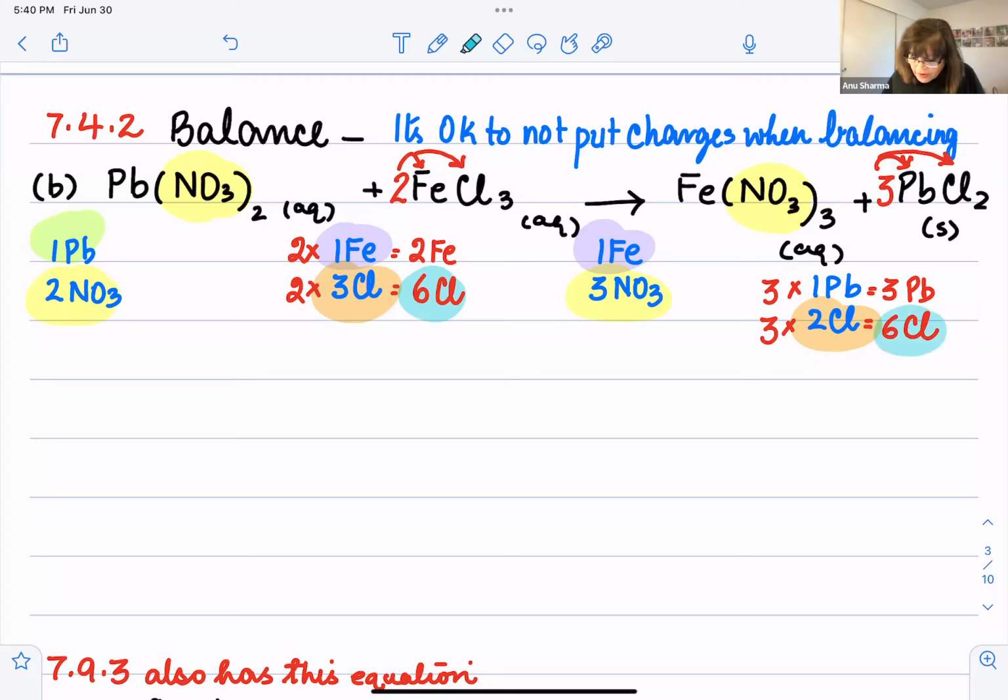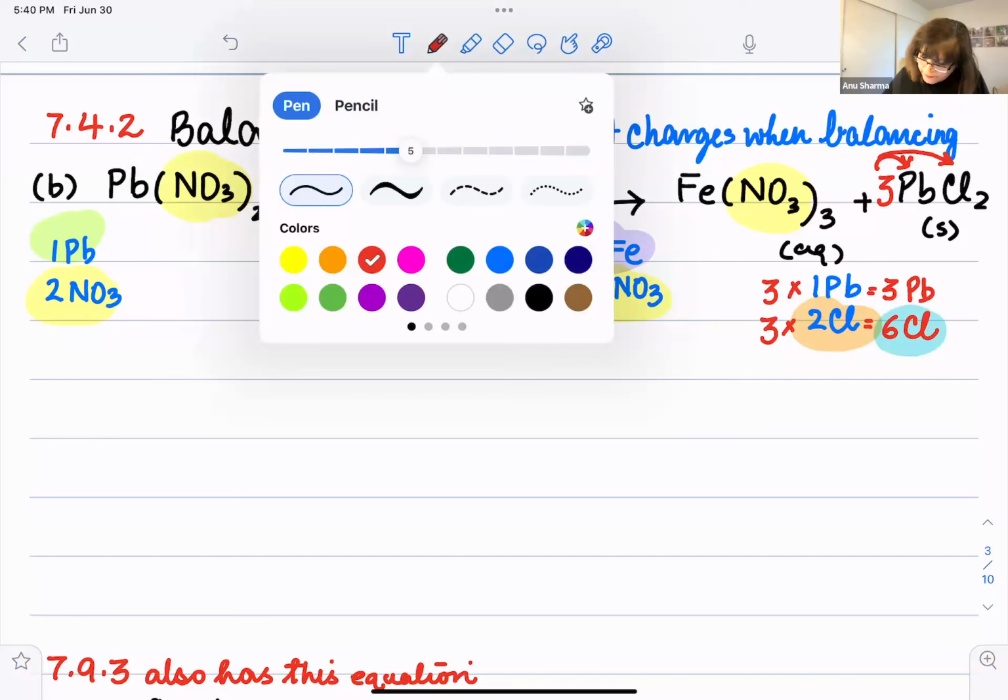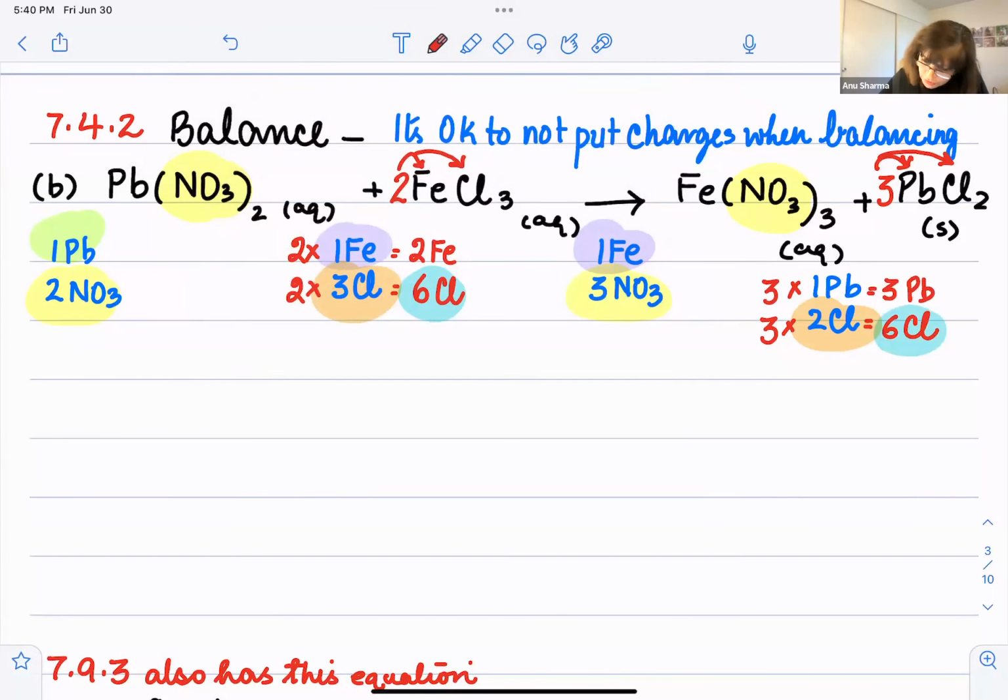These get balanced. So we have now iron to take care of, and we have the nitrates to take care of. So let's see. Here we are applying the nitrates to 2 nitrates and 3. Yeah. So see, this balances the lead.